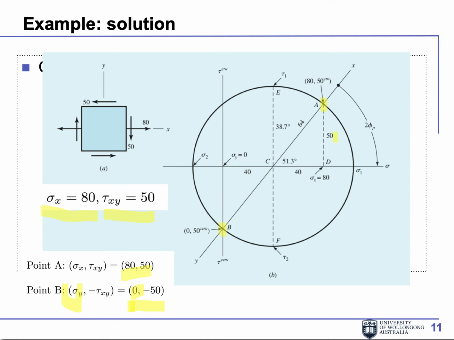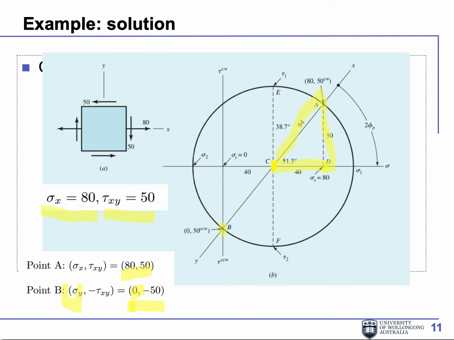From these 2 points, you can find a middle point. Because that's 50 and that's negative 50, the middle point is on the horizontal axis, and the value is 40. 0 and 80, the average is 40. Then the radius of the circle is basically you solve this triangle using the Pythagorean theorem.